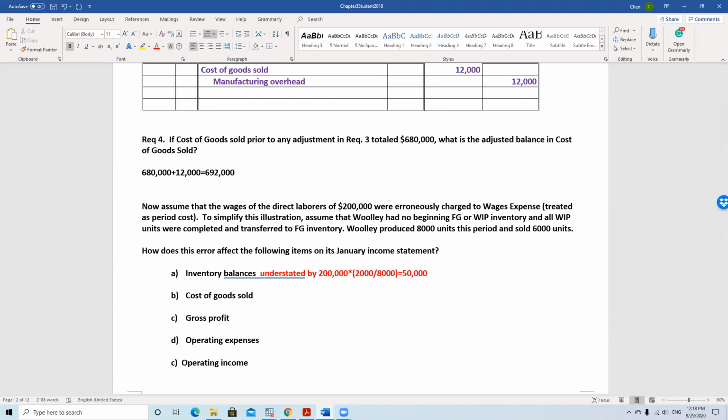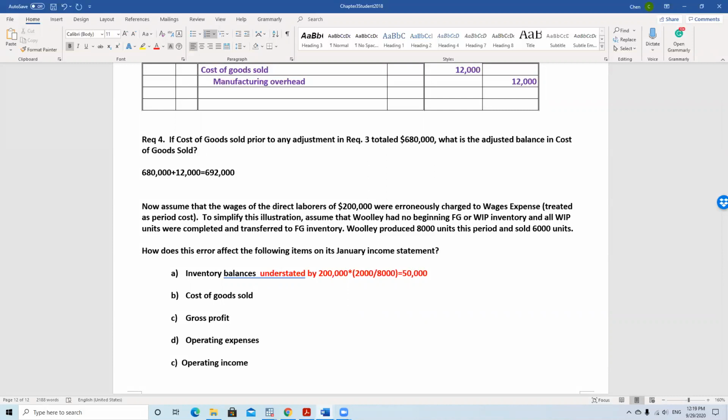Does that make sense? Because the understated amount, $200,000, applies to the total of 8,000 units. But in our inventory, we only have 2,000 left. And then if we allocate this amount, our inventory balance is understated by 50,000. Okay, so cost of goods sold. We sold 6,000 units, right?